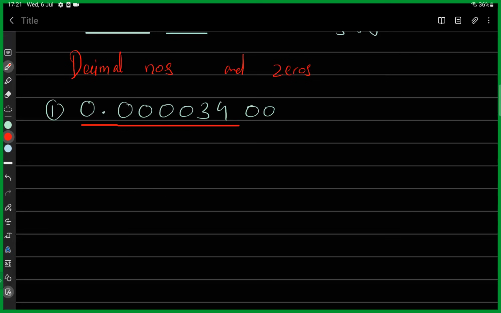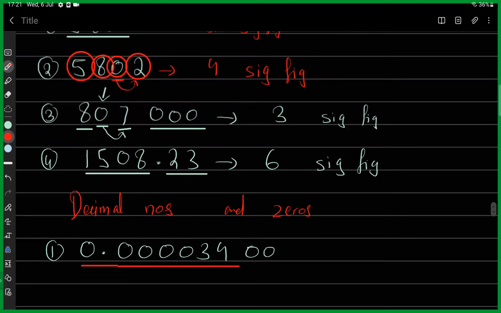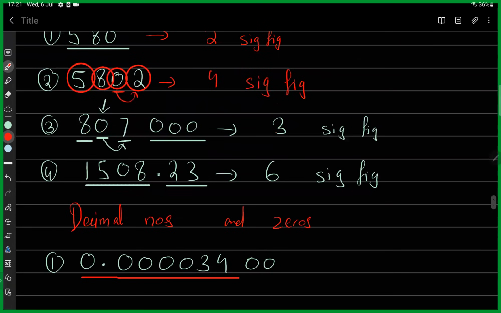In the previous numbers, if I talk about this zero, we had a non-zero number before it and a non-zero number after it. If I talk about this zero, a non-zero number before it and after it. So that is why the zero was considered as a significant figure. Okay, that is clear.